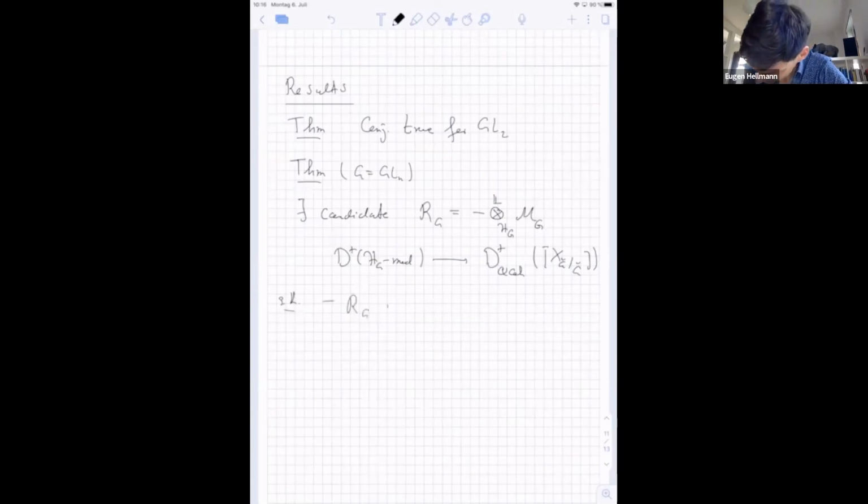So RG is linear for the action of the center, that's something I asked for.